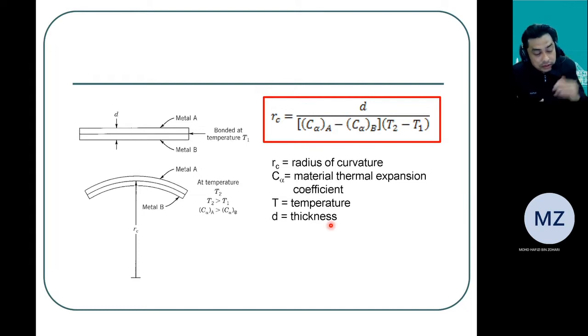The curvature is equal to D, the thickness, not diameter, the thickness of both A and B, divided by the difference between the thermal expansions times the difference between the two temperatures, the final temperature and the early temperature.